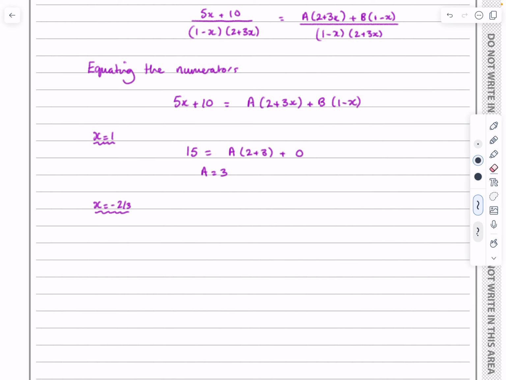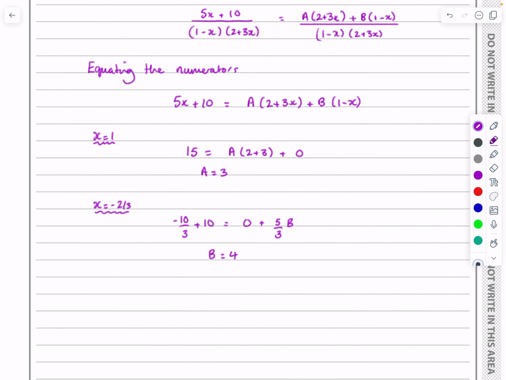If x is equal to -2/3, then putting that in, I'm going to get -10/3 + 10 is equal to, well, I don't need to worry about this bit too much, that's 0. And then plus B times (1 - 2/3), that's 1 plus 2/3, that's 5/3, so 5/3 B. But I'm sure you don't have any problem in doing this simple algebra stuff here. If you go through that, B will work out to be equal to 4.